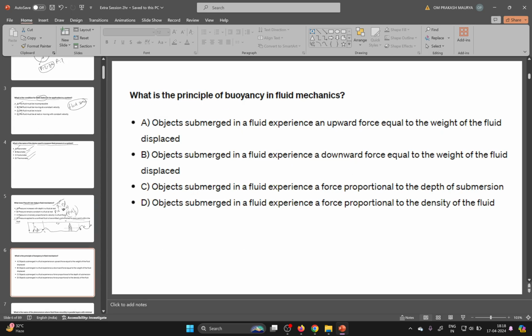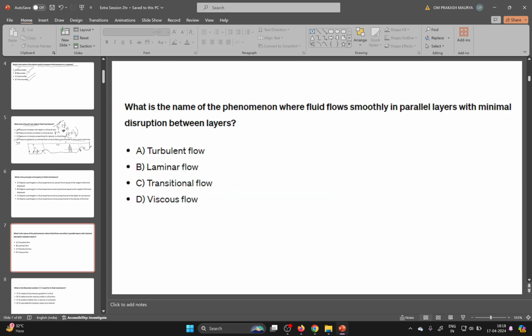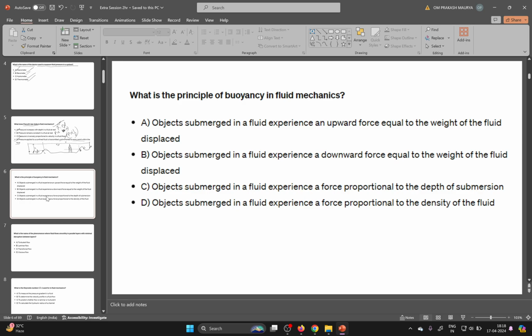Now, what is the principle of buoyancy in fluid mechanics? Option A, objects submerged in a fluid experience an upward force equal to the weight of the fluid displaced.